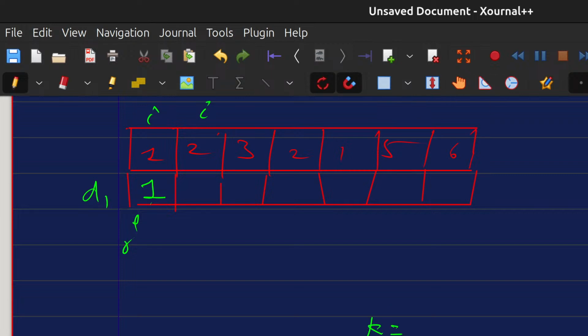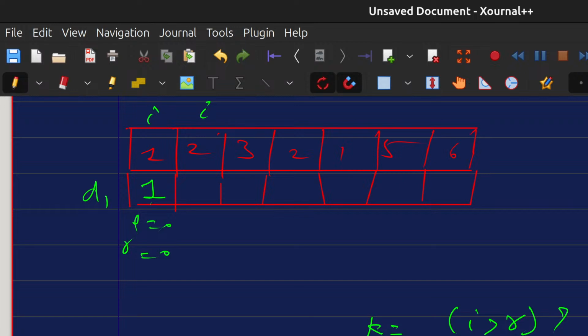K is this. Is I greater than R? L is 0, R is 0 right now. L is equal to 0, R is equal to 0. Is I greater than R? Yes. Then K is 1.